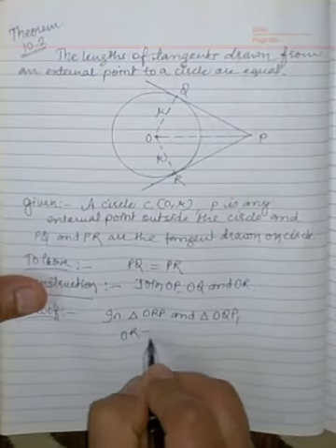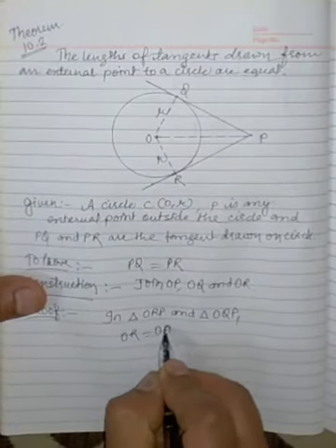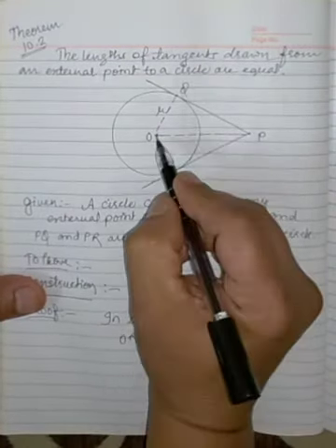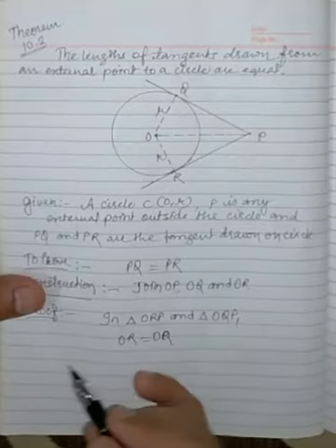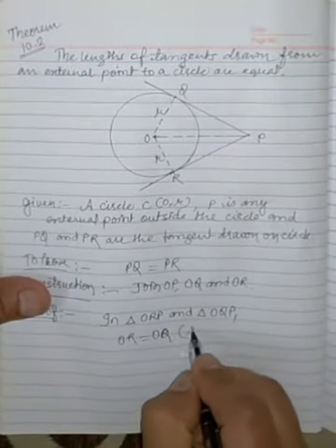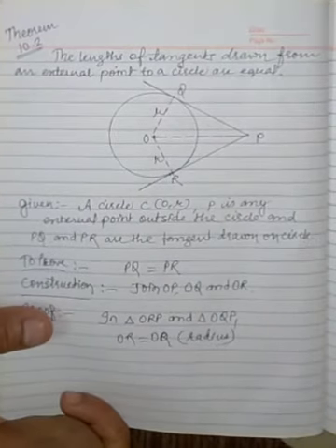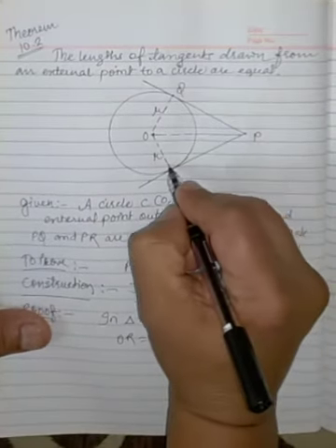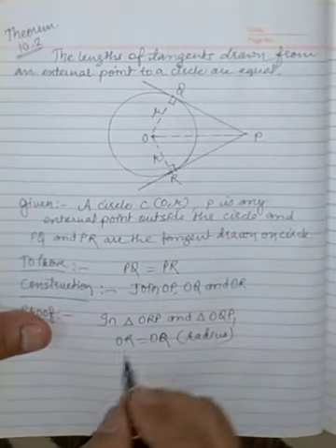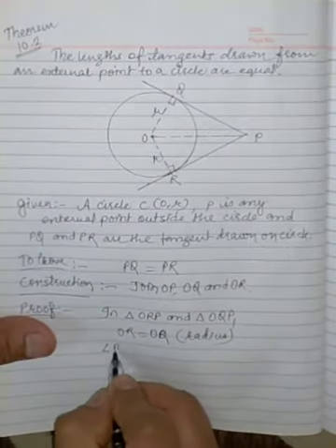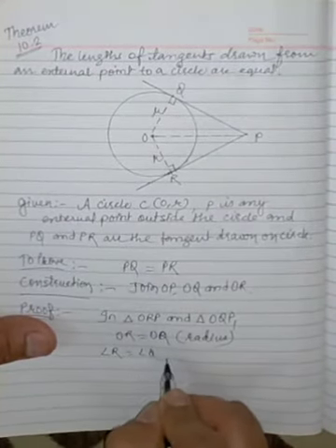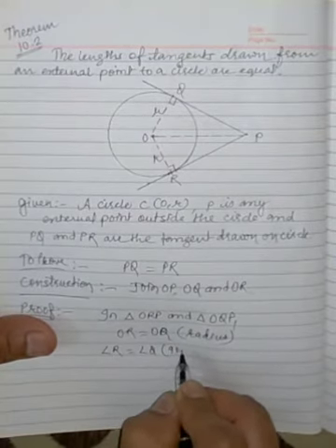So OR is equal to OQ. Also, angle R is equal to angle Q, 90 degrees each.